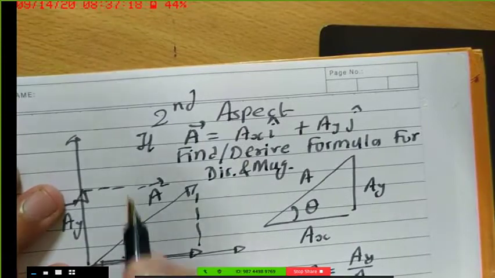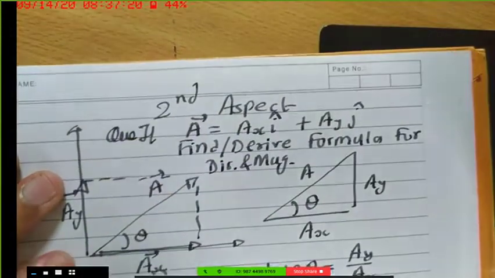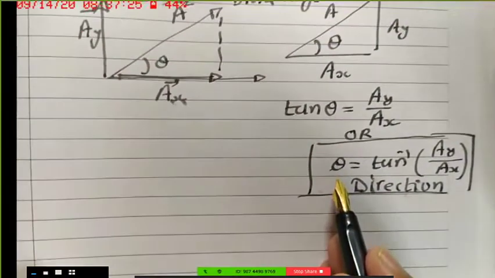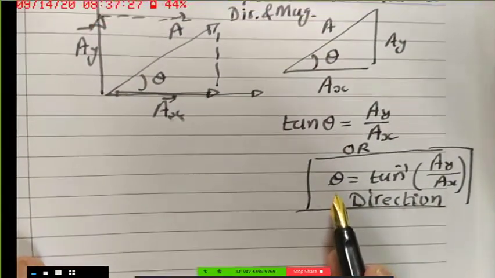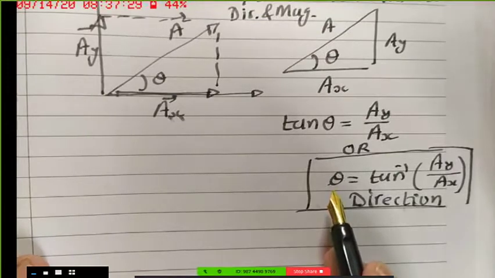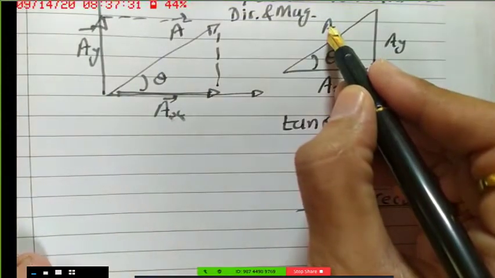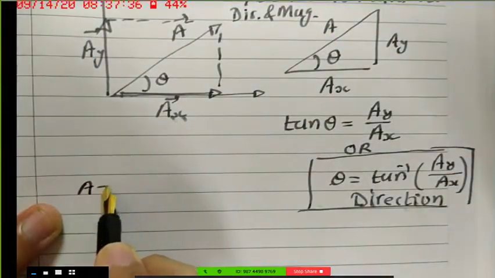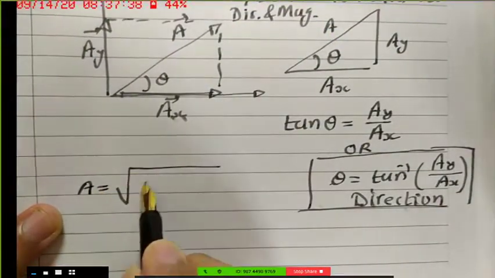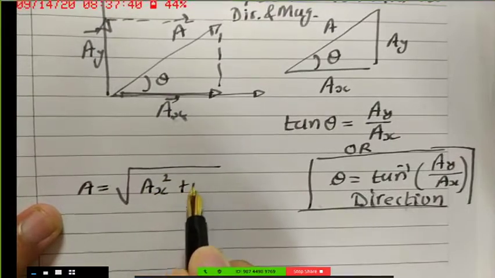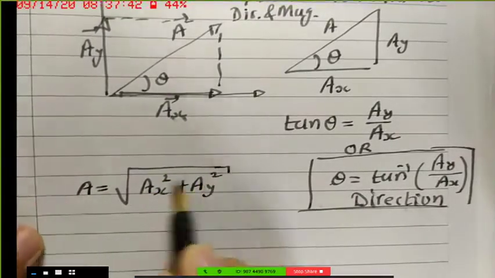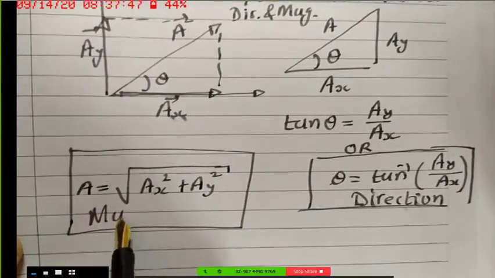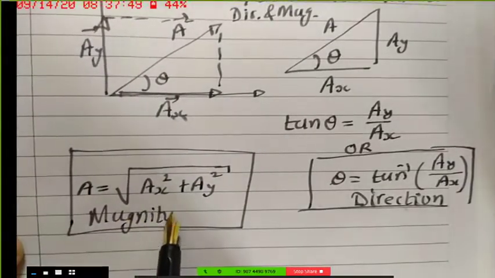We got the direction. Can you tell how will I find the magnitude? By the Pythagoras theorem. Yes, correct. So I'll write A equal to root of AX square plus AY square. So that gives me the magnitude.